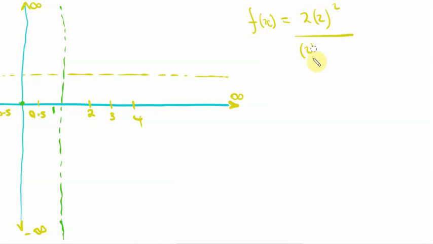Going by 2 squared minus 1, 2 multiplied by 4, because 2 squared is 4, over 4 minus 1, that is 3.